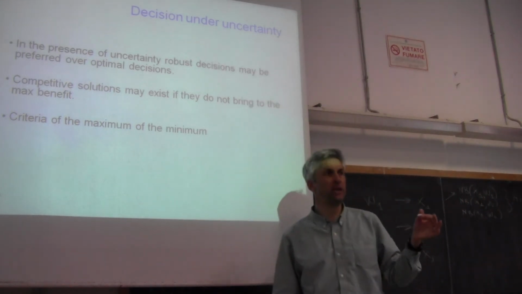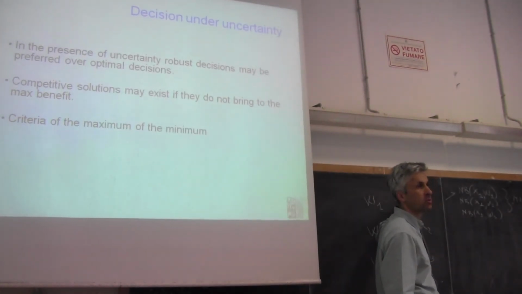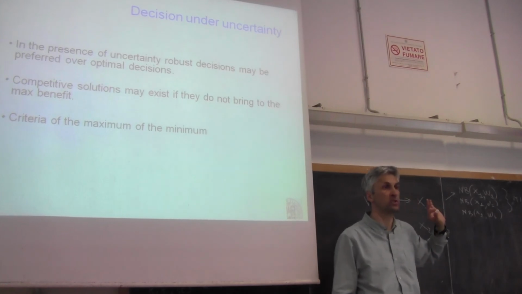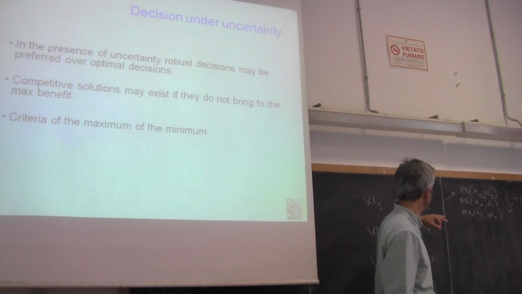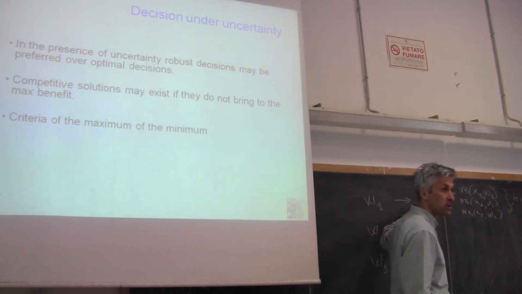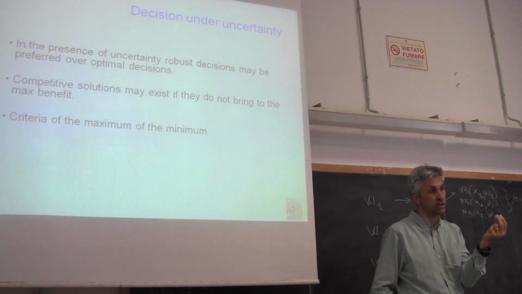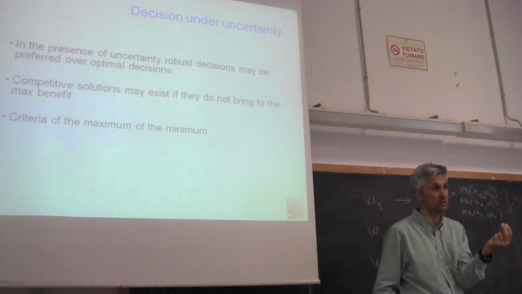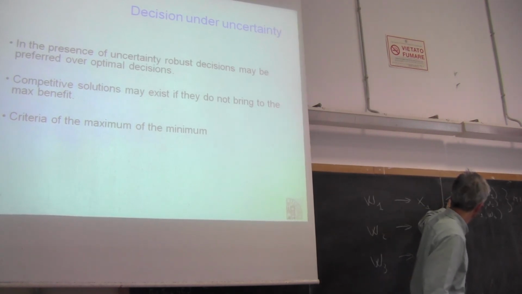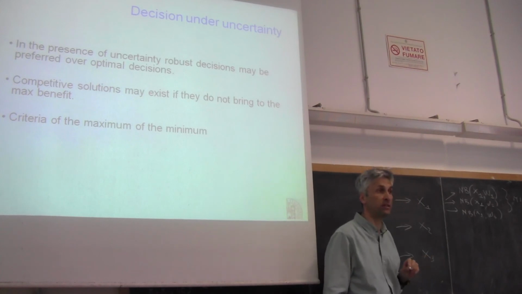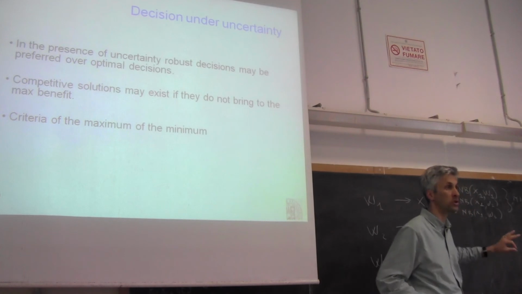Why do I make this computation? Because I have a possible allocation x1. I'm not sure if it is true, I'm not sure it is correct. So let me see what happens if I decide for x1. And I have three possible outcomes, three possible benefits, because I have three different vectors of parameters, and I don't know which one is true.